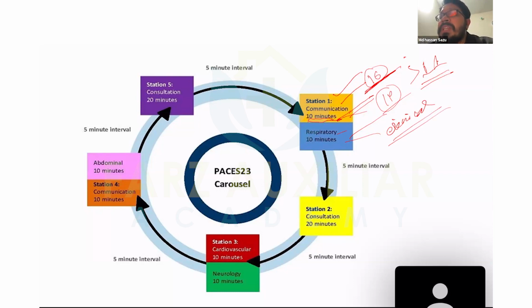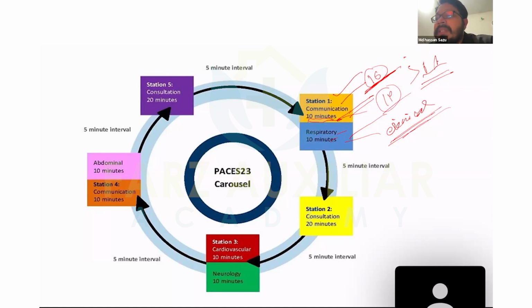So you need to read what is written. It might be fever, an elderly patient having fever, but the case is respiratory. So you need to check the side of the bed to see the question. Then you will go for the patient. And this is the clinical station, like respiratory.